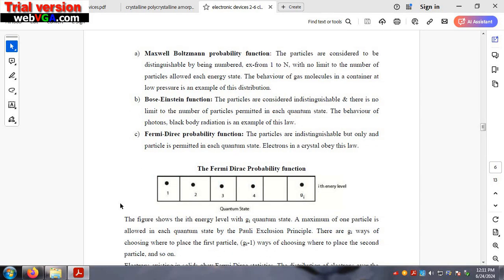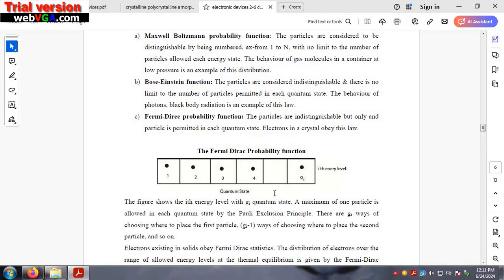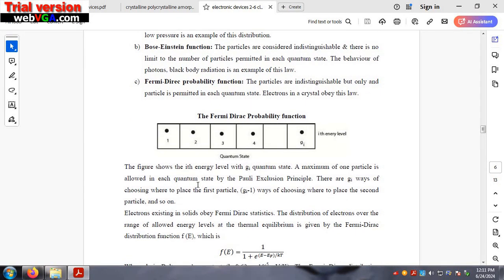It is very important for you, and here we find the number of quantum states. If you consider the quantum states 1, 2, 3, 4 like that, G i in a particular energy level which is denoted by i, then different quantum states are there. So here the Pauli exclusion principle states that a maximum of one particle is allowed in each quantum state, where there are G i ways of choosing where to place the first particle.